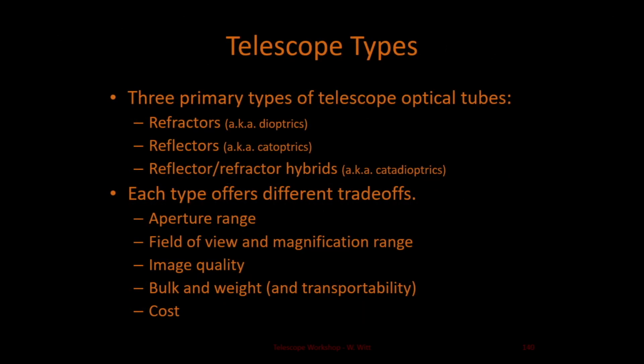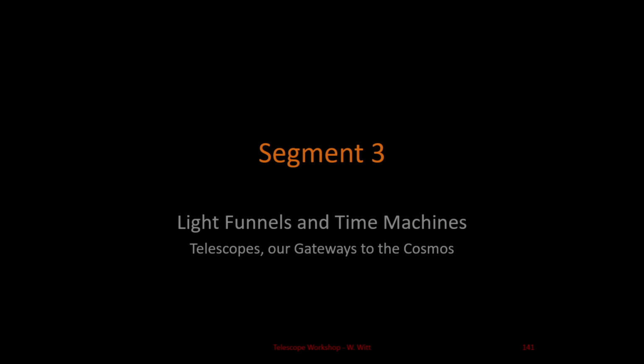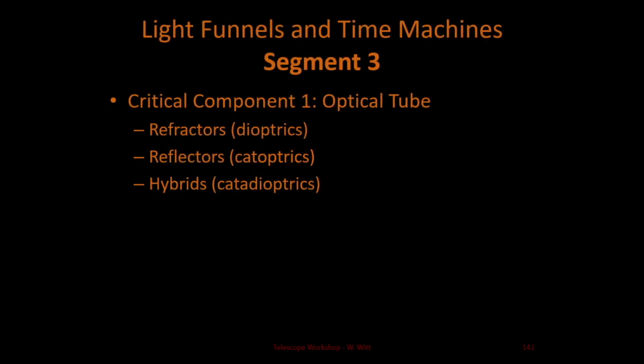Telescope optical tubes come in 3 major types: refractors, reflectors, and hybrids. They've got these funny names: dioptrics, catoptrics, and catadioptrics. These are kind of tongue twisters. For the most part, we call them refractors, reflectors, and hybrids to make it easy.